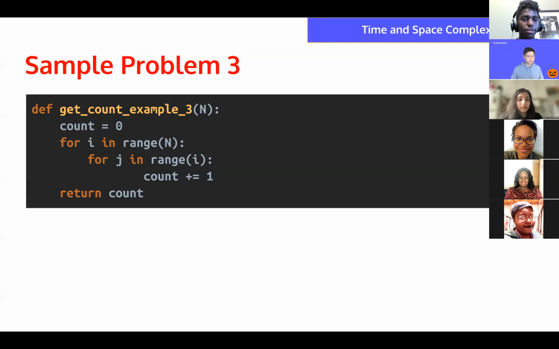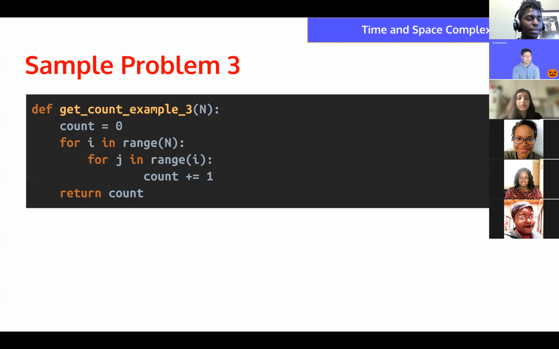Is it O of n times i? Oh, okay, Darren, can you repeat your answer? O of n times i. Oh, n times i. That's a good guess. So you think it's O of n times i because this inner loop is doing i times the amount of work, right?